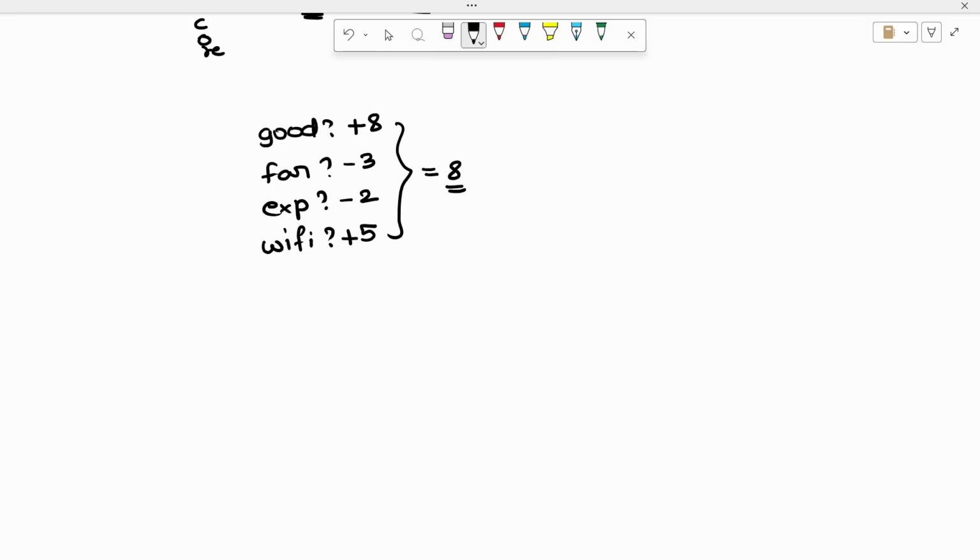Now, your activation function will interpret this value of 8 as, let's say, 8 is positive, so we can go to the coffee shop. Or 8 is very high, so there is a 99.7% probability that we can go to the coffee shop. Or 8 is positive, so just pass it on through and you can go.